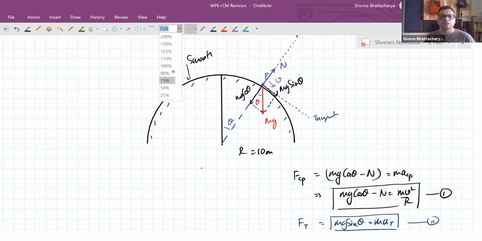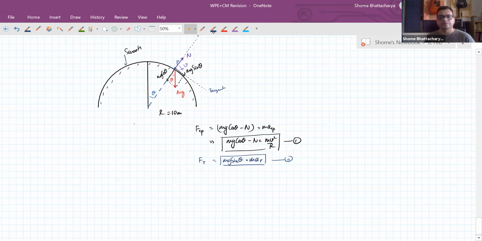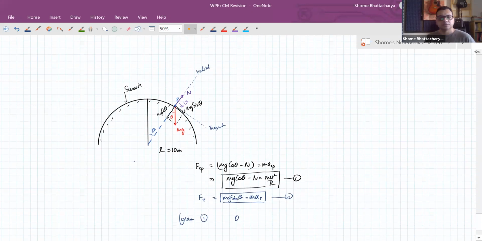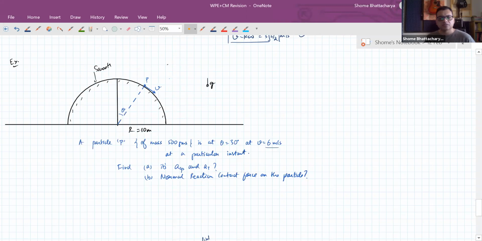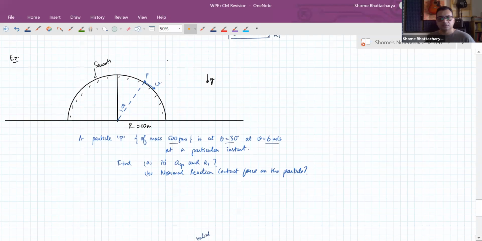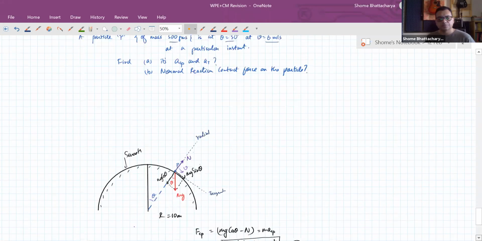Now it's a matter of solving these two equations. So from equation 1, mass was 500 grams, right? The instantaneous speed was 6 meters per second, theta is 30 degrees. So let's use those values.